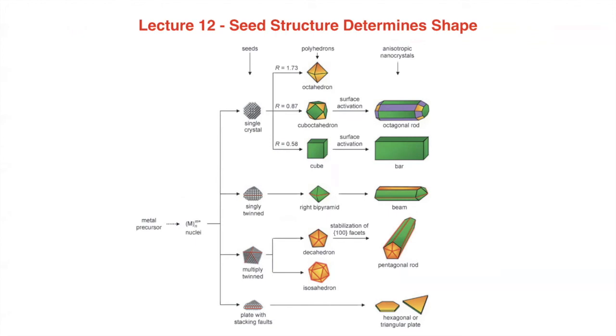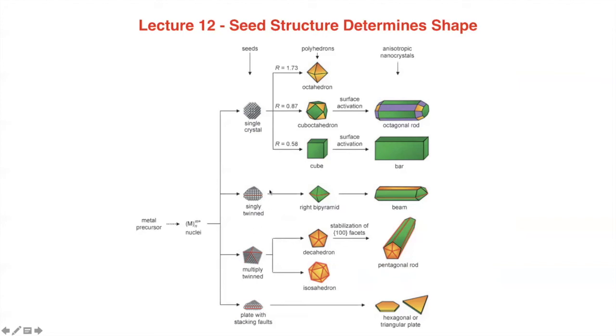And if you grow those decapods on, they have a tendency to, well, sometimes they'll form icosahedra, but they also can lead to a pentagonal rod shape. And this has to do with the twinning that's denoted by these red lines here, and you end up with these twin planes along the length of that rod.